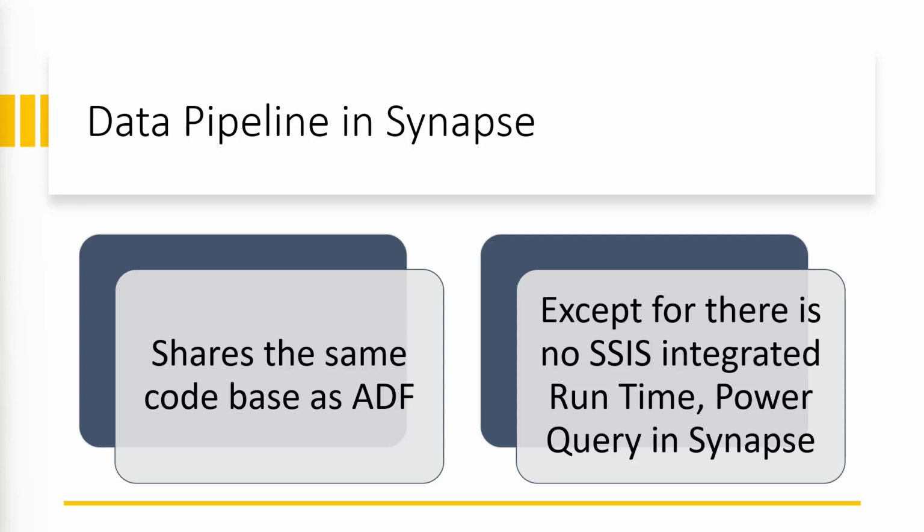There are just two features which are not supported in data pipeline. The first one is the SSIS integration runtime, which is not there in Synapse pipeline. Also, there is no Power Query, aka regular data flow, in Synapse yet.